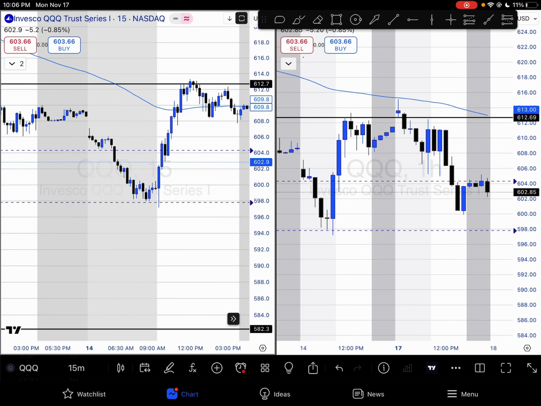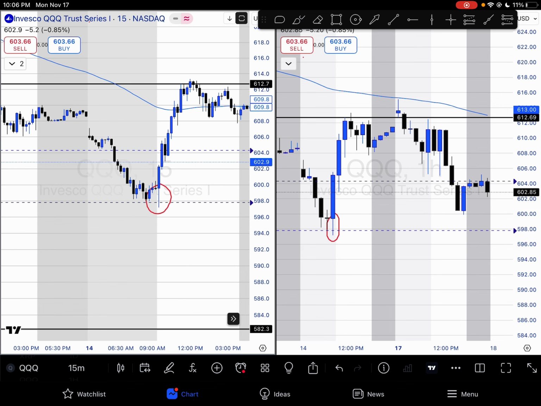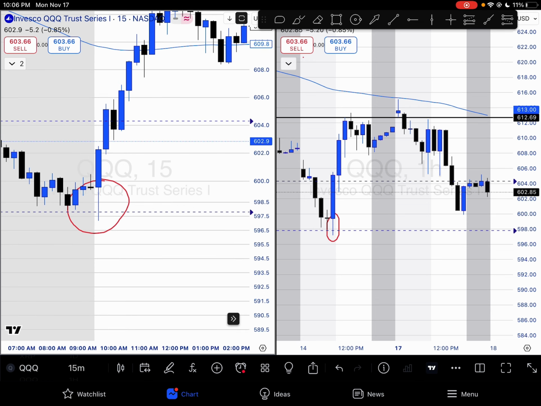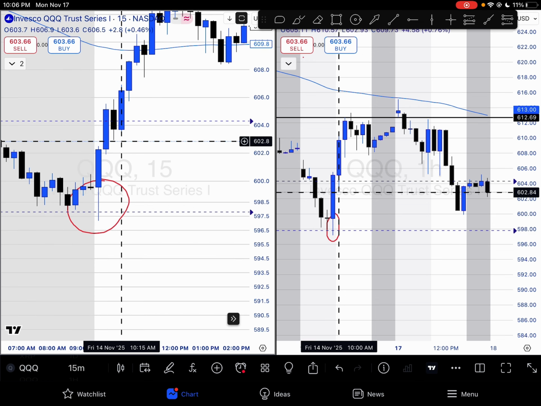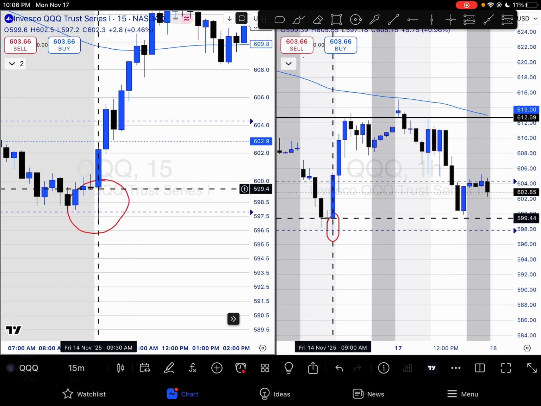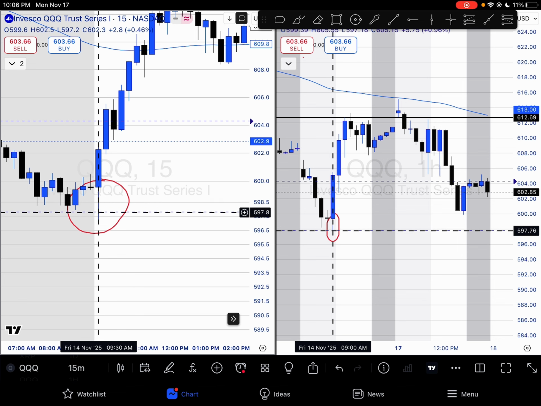What I'm particularly going to discuss is this right here. Now, this is a really strong rejection, which to me is signaled by a very long wick at the reversal. Because it is an uptrend candle, the reversal is whatever is underneath it.